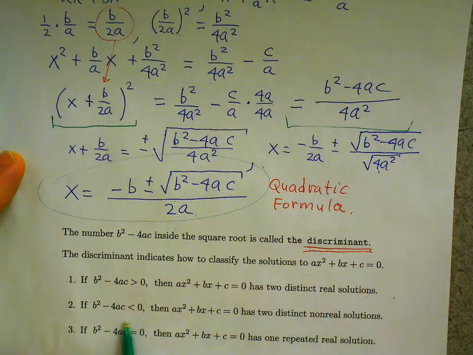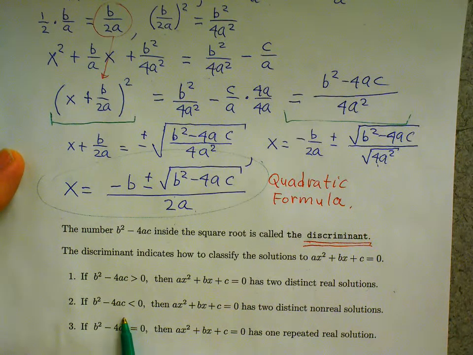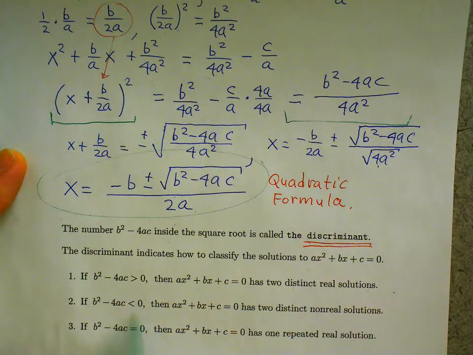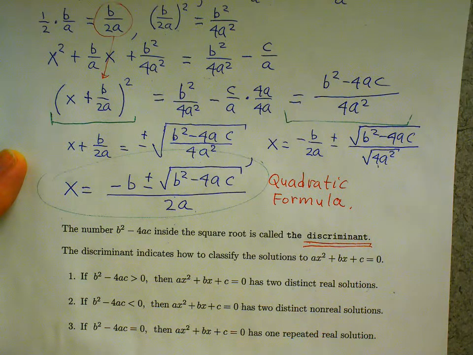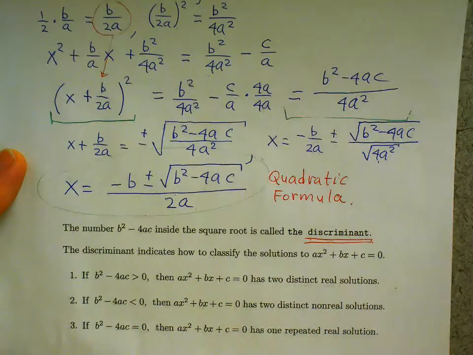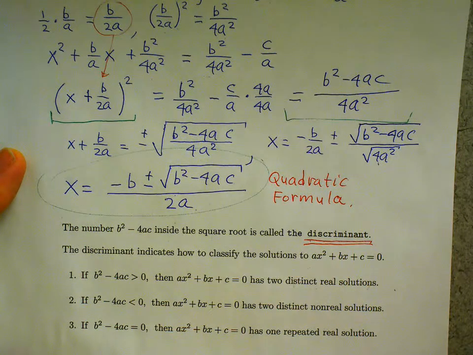Okay, the second possibility is that the discriminant is negative. In other words, if b to the second minus 4ac is less than 0, what do we know about the square root of a negative number? We know that the square root of a negative number is non-real. It's a number, it's just not a real number.